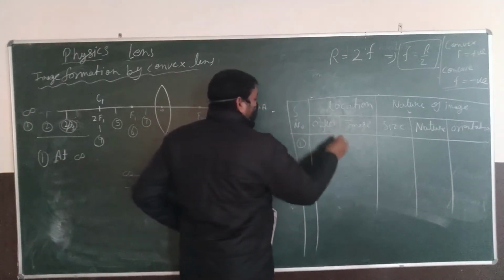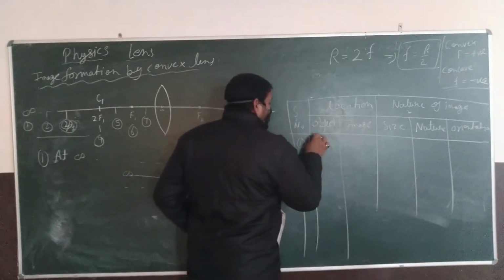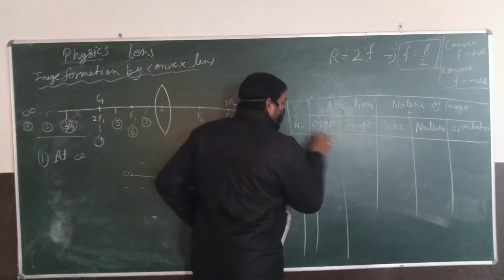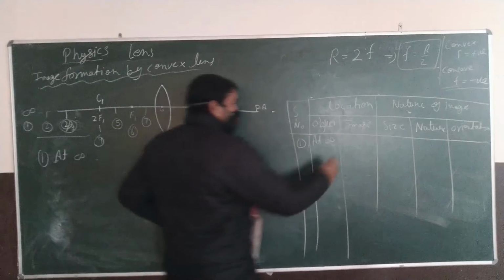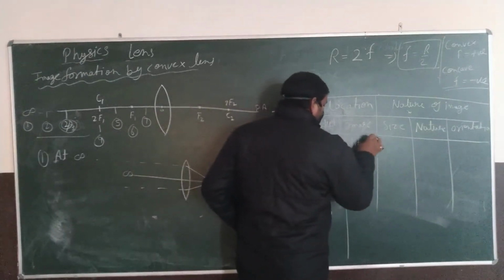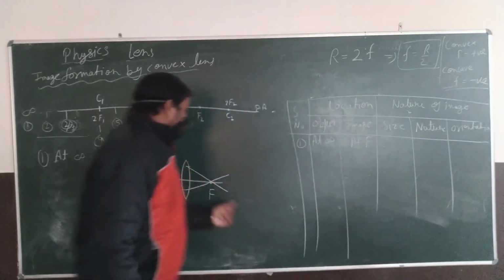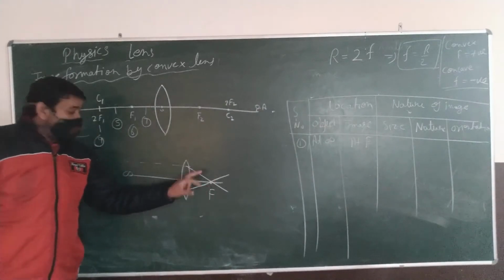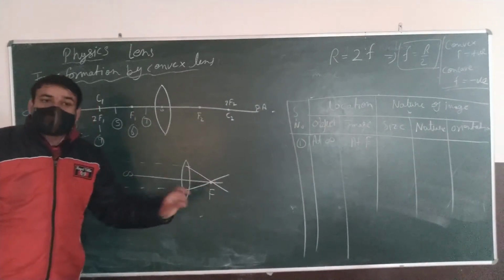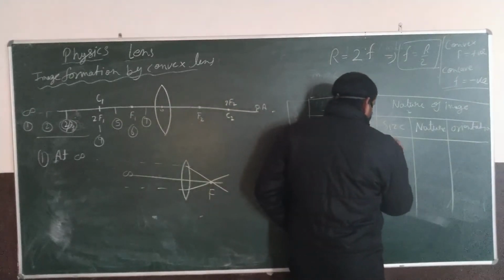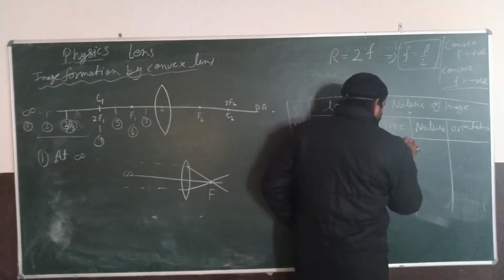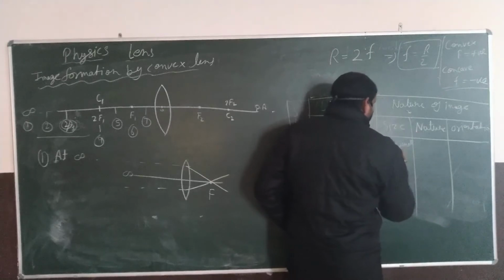First is object at infinity. Image is formed at focus here, and because it is incident on the focus, the size of the image is very small, like a point.